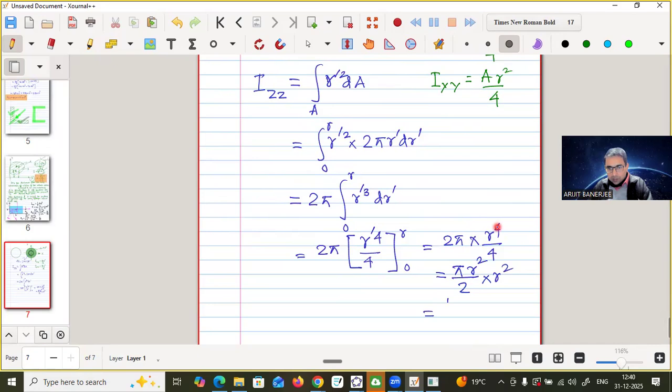So it is basically 1 by 2 A into r square, about z axis.